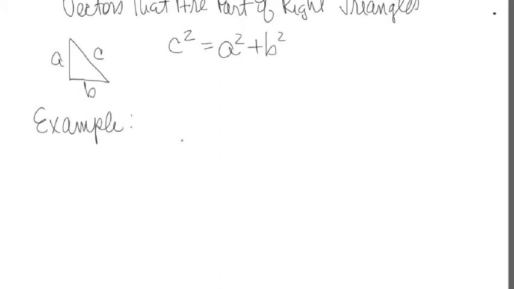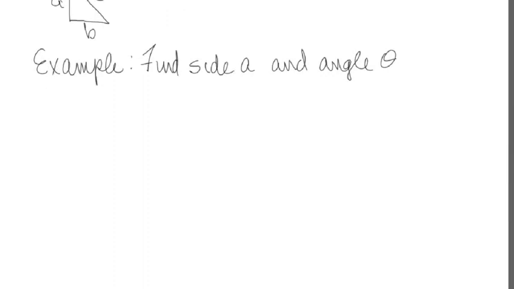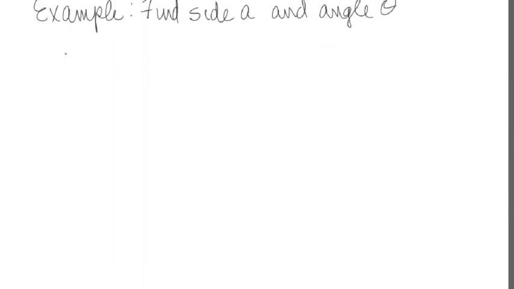Find side A in this right triangle, and angle theta. Let's move this a little bit so we have more room. Here's our triangle. Angle theta, right angle. Hypotenuse measures 109. This leg measures 91. This is side A.